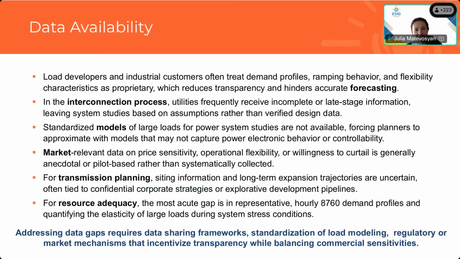There are several challenges with data availability. Load developers often treat the information as proprietary, and that hinders the accuracy of forecasting. In the interconnection process, utilities frequently receive incomplete information, and so system studies are made based on some assumptions.